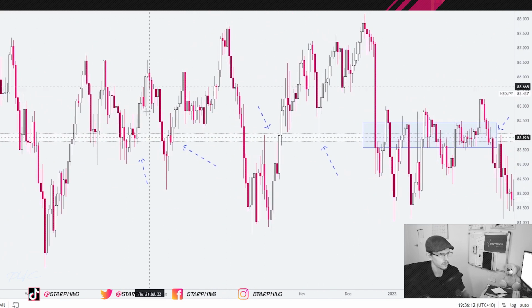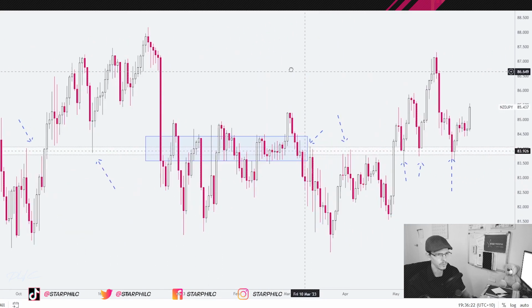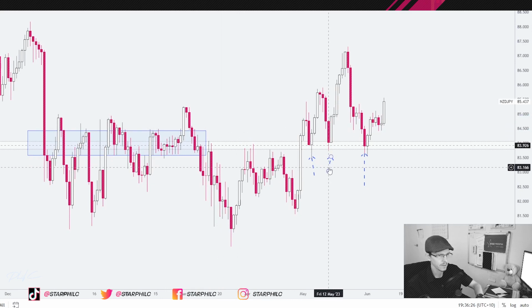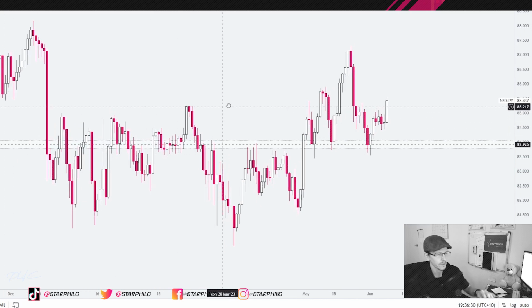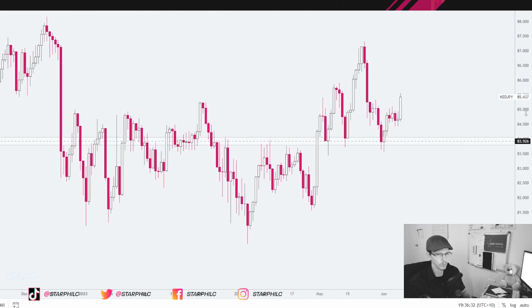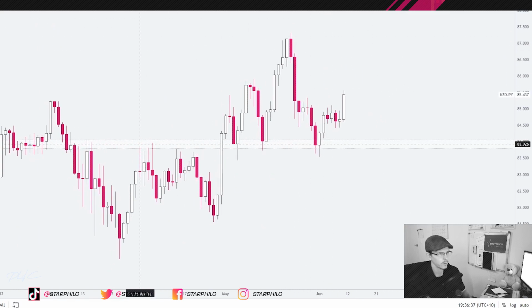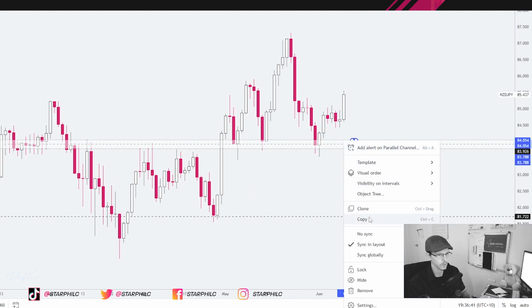Scroll left. Well, you get the idea, right? You can see this everywhere. As I mentioned, every chart, every market, every time frame, structure plays an important role in price action. So we have our lows right here as well. So I'm going to copy this.